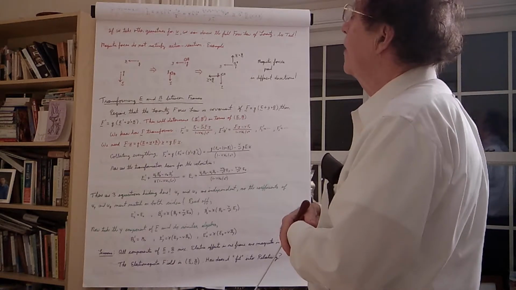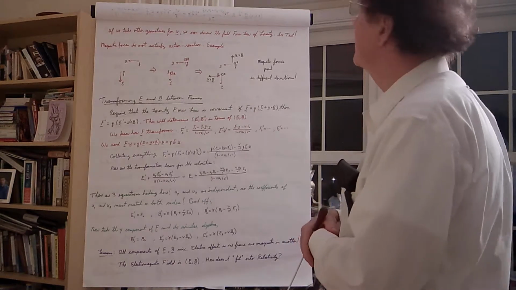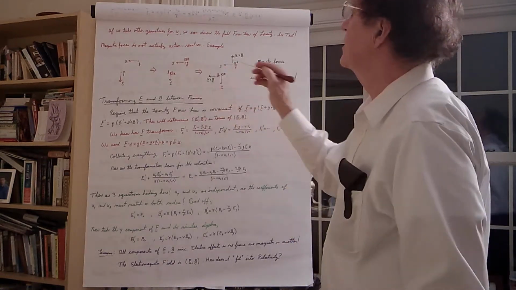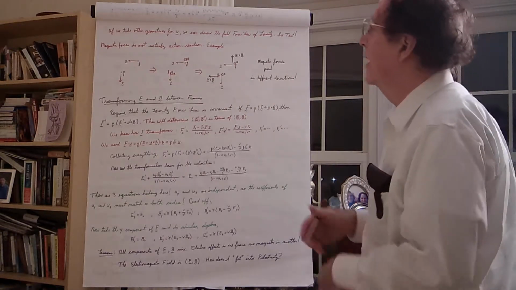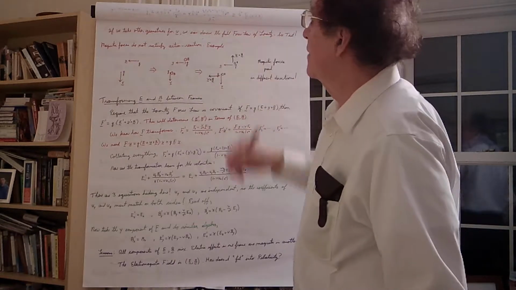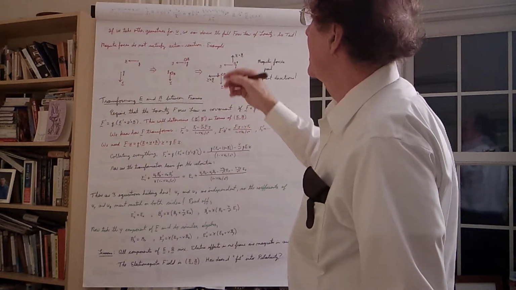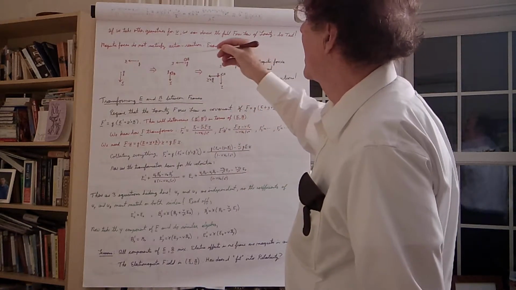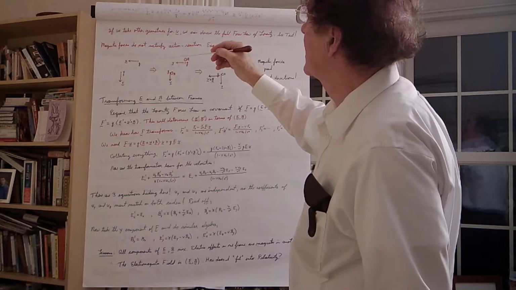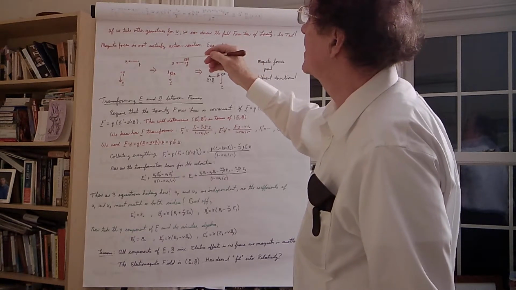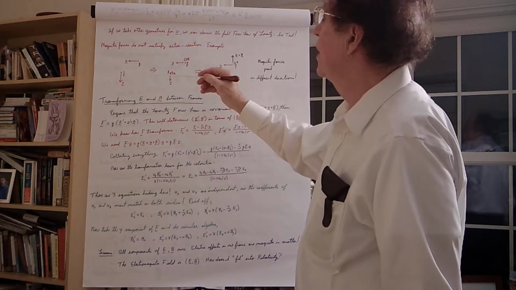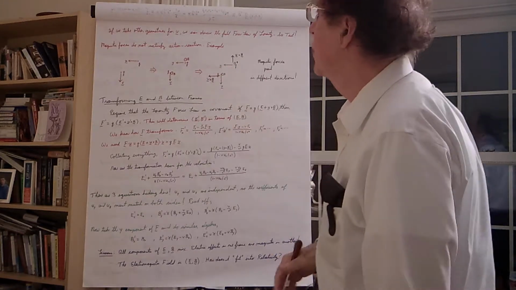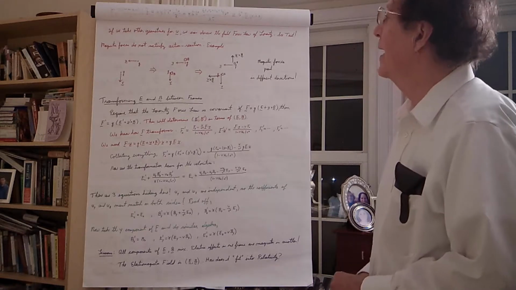Okay. Now, one of the things we learned from this example is that magnetic forces do not satisfy action-reaction. Here I've written down a simple example. I've imagined a charge Q moving to the left with a velocity u, and a charge Q with a velocity v moving perpendicular, like that.